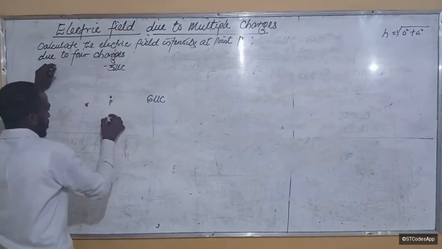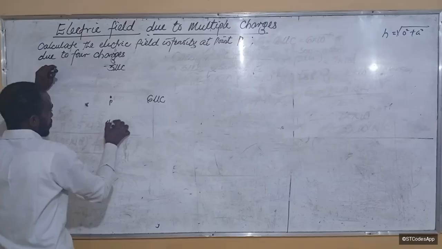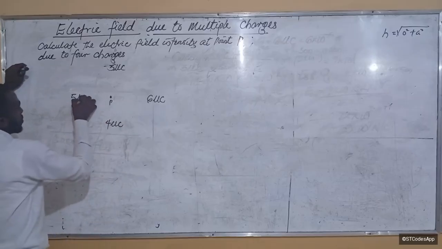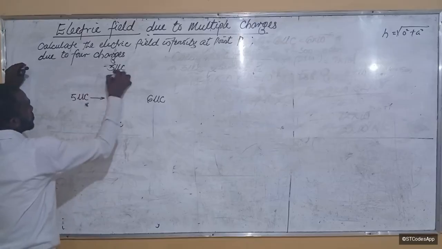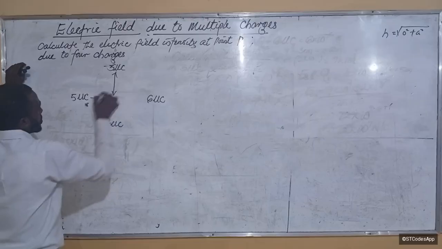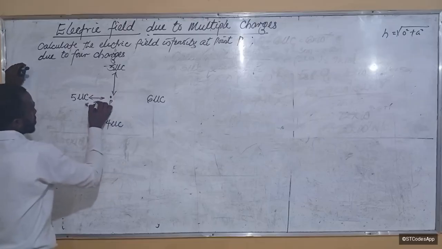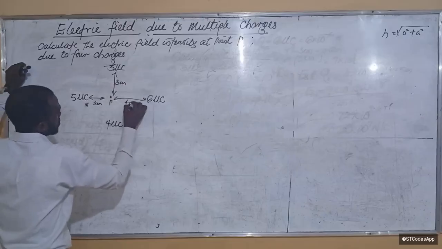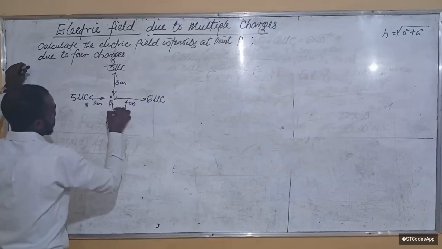Let's say 4 microcoulomb here, and 5 microcoulomb here. The distance between these two, let's say 2 centimeters, the distance here 3 centimeters, the distance here 4 centimeters, the distance here 3 centimeters.